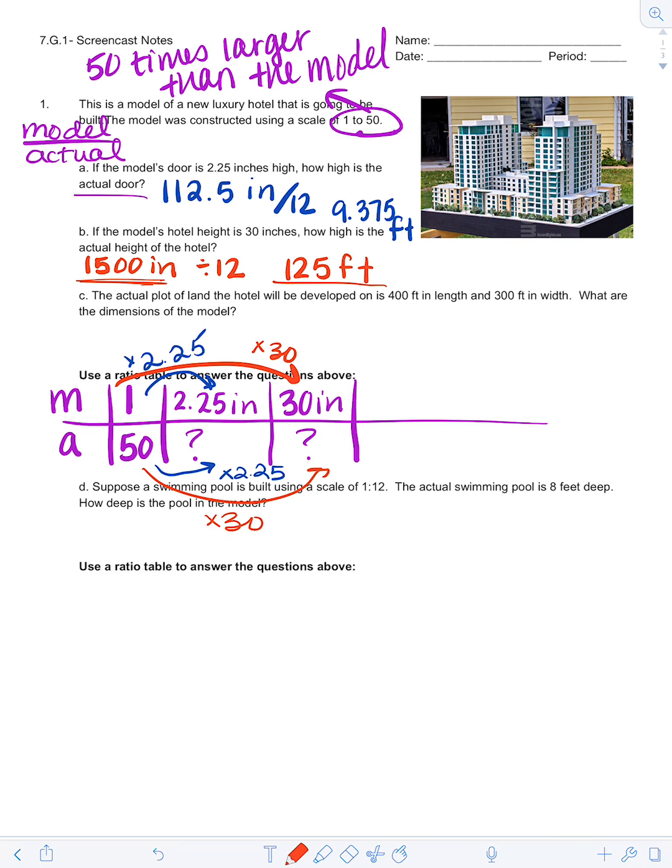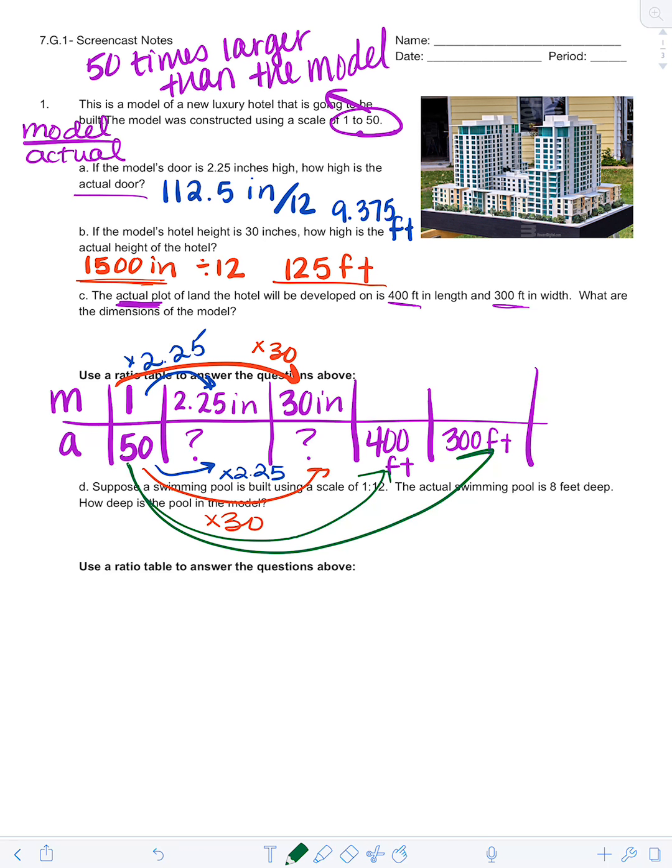All right, last one. The actual plot of land the hotel will be developed on is 400 feet in length and 300 feet in width. What are the dimensions of the model? So this tells you we have the actual, and we have 2 measurements we need to convert. So I need 400 feet there, 300 feet here. This time I need to figure out how I'm getting from 50 to 400 and 50 to 300.